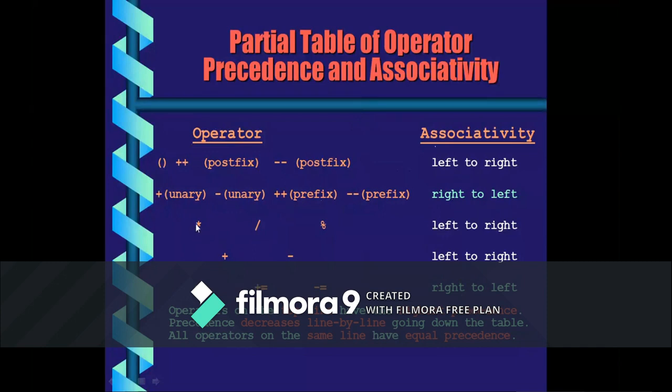If we have the star, slash, or modulo operator, we go from left to right. Similarly, for plus and minus, we go from left to right. But if we have assignment operators, we go from right to left, not from left to right. So these are some of the rules we have to follow while solving the expression.